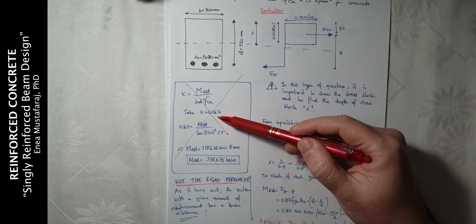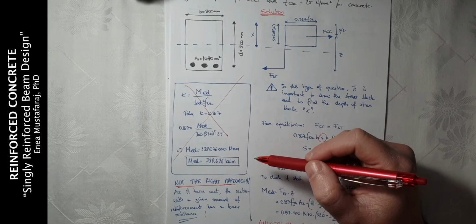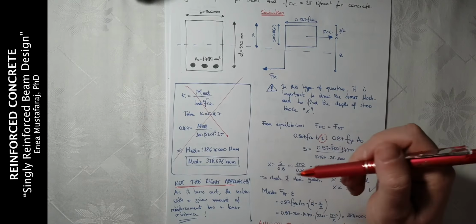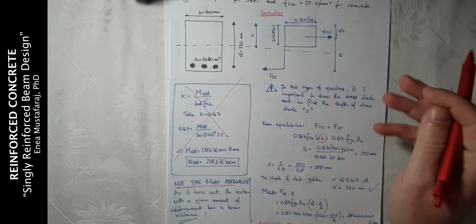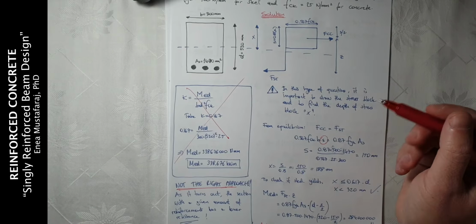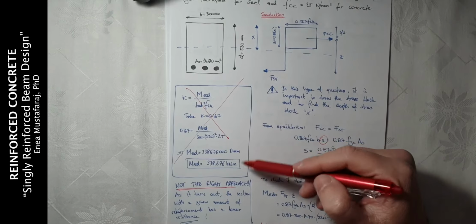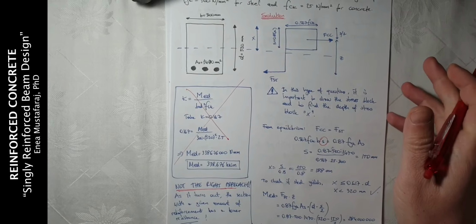If you do this, you would find the design moment to be 338.676 kilonewton-meter, which is not the right approach. If we solve it the other way, we will see that this previously calculated value is much bigger than the correct answer.